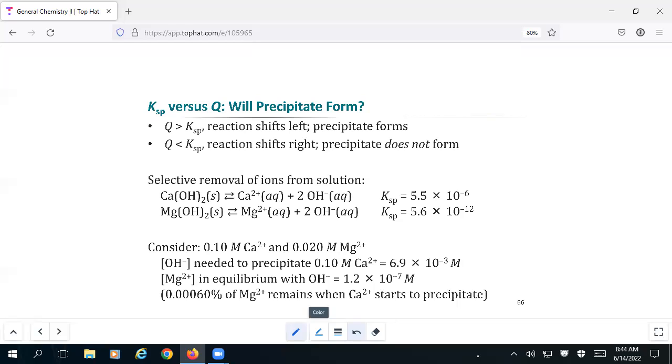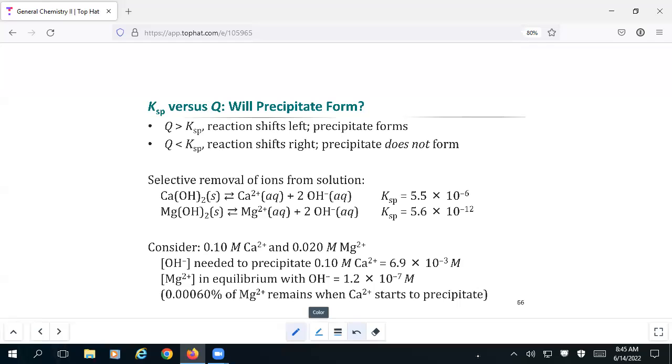Which way is it going to shift? Well, we can use this same kind of idea of a reaction quotient to figure out if we've got enough substance present to actually form a precipitate. And so the process that we use is very simple.